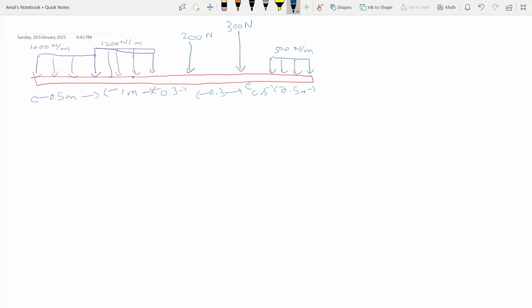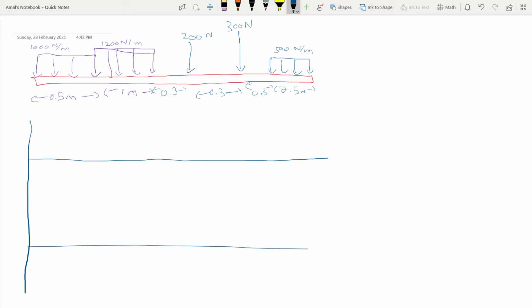The easiest way to draw shear force and bending moment diagrams is by using observation and geometry. To do that, I'm going to draw the outline for the graphs. This is for the shear force and this is for the bending moment diagram.